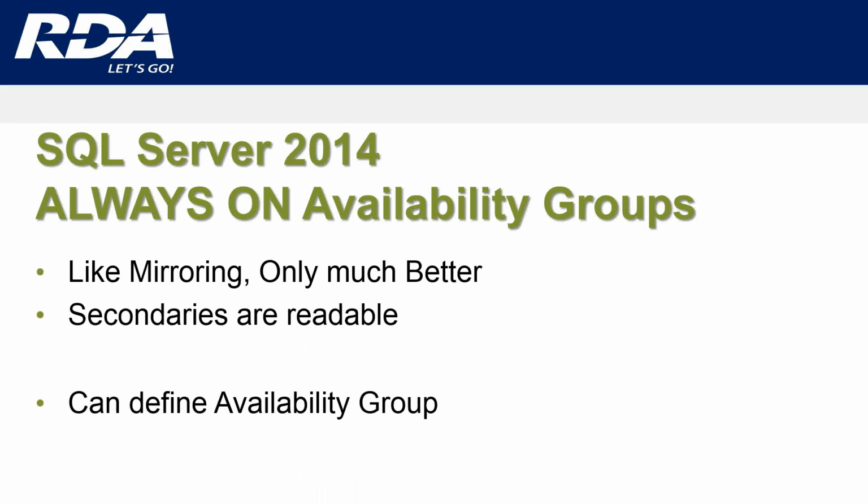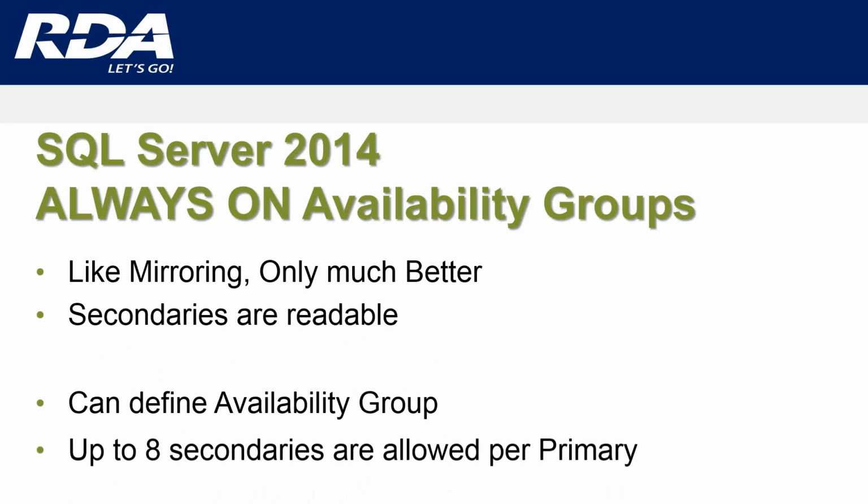In addition, you can define an availability group to consist of more than one database. This is exciting for failover or disaster recovery for, say, a SharePoint farm, because by defining 8, 9, 10, or N number of databases, they all fail over at once, not just one at a time.